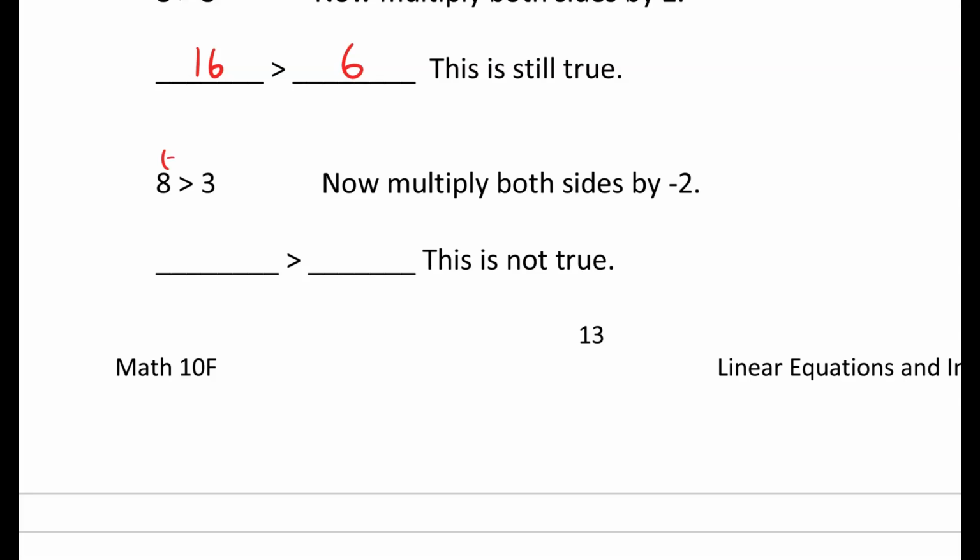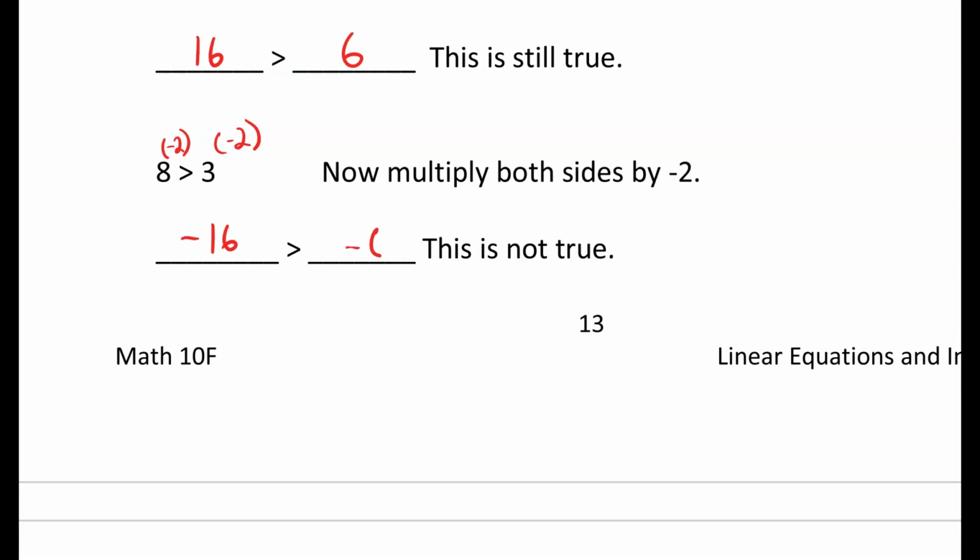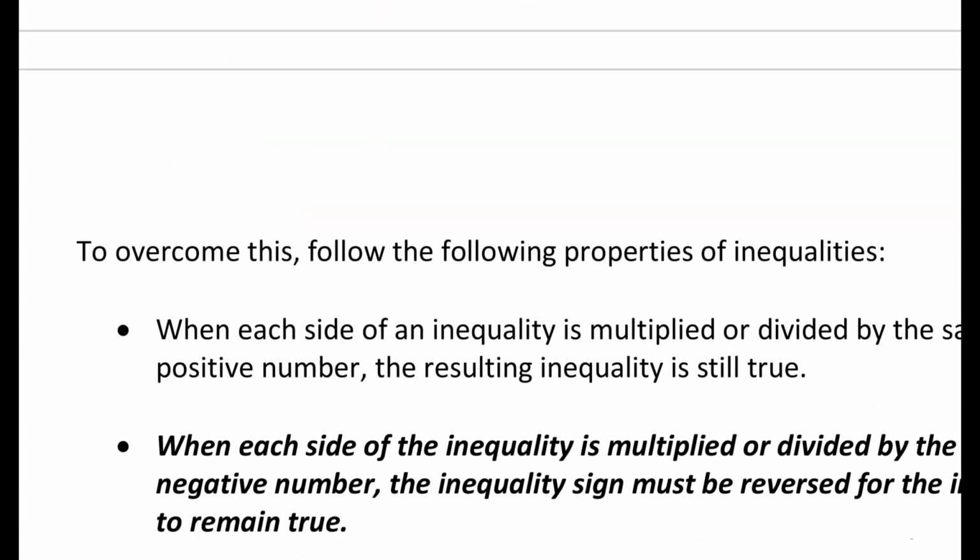So we have to multiply it by negative 2 and negative 2. So we have 8 multiplied by negative 2, which is negative 16, and 3 multiplied by negative 2, which is negative 6. So our symbol is not correct anymore. So when we're multiplying by a negative number, we have to switch the direction the symbol is facing. So it's not always going to be true when we're multiplying and dividing.